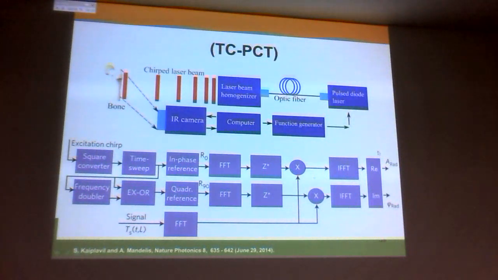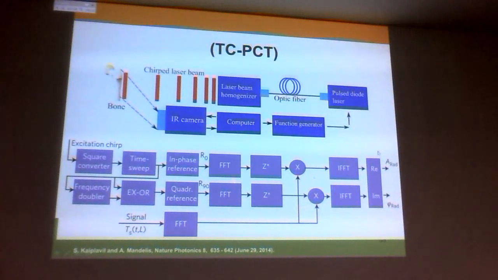You have to take the double sweep, the double frequency, and then convert that into the quadrature using an XOR command. I won't really go into that now, but we know we tried this. This is the one that works. So we do the time sweep, have an in-phase reference, and have a quadrature reference. This gives you the reference for the quadrature. Otherwise, you don't have a reference for that. That's why you need this.